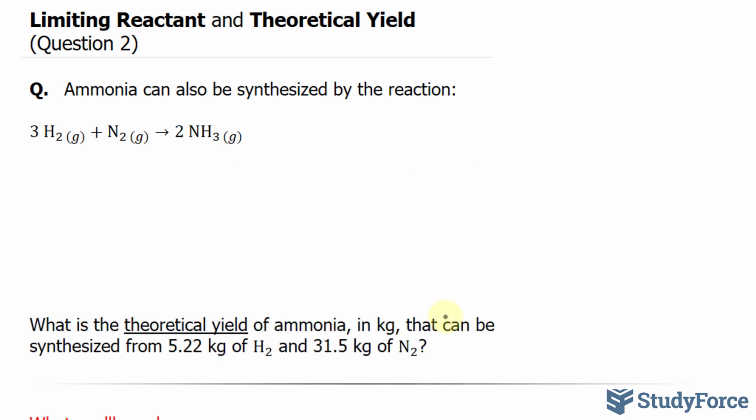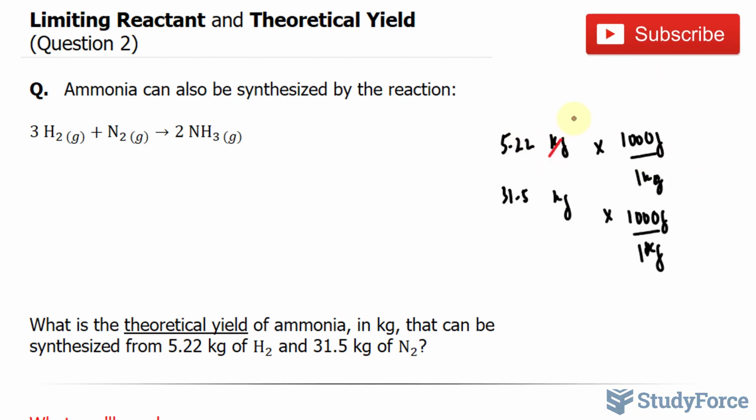We know that the mass of H2 is 5.22 kilograms. We should convert that into grams because the molar mass is recorded in grams per mole. So to convert 5.22 and 31.5 into grams, we multiply each number by the conversion ratio 1,000 grams per 1 kilogram.